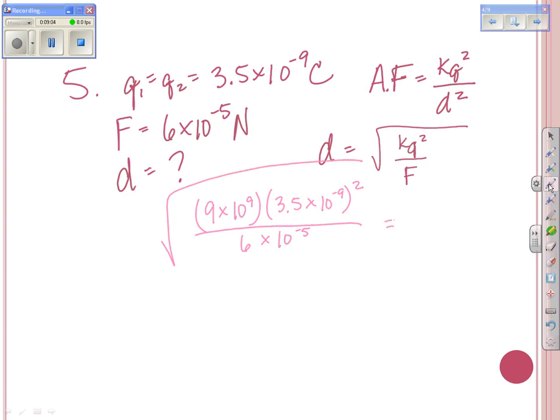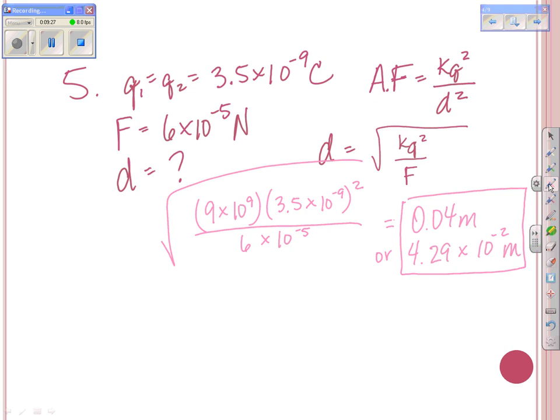When we get our answer, it should be 0.04 meters, or we could even say 4.29 times 10 to the negative 2 meters. Either one of those answers would be counted correct. Now the second part of this is the force between them one of attraction or repulsion?